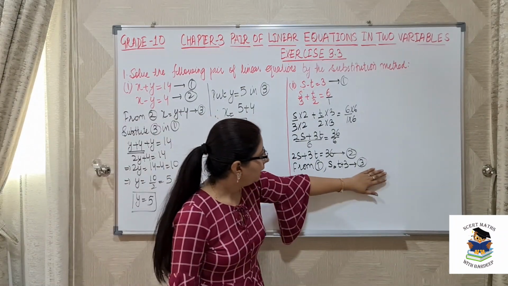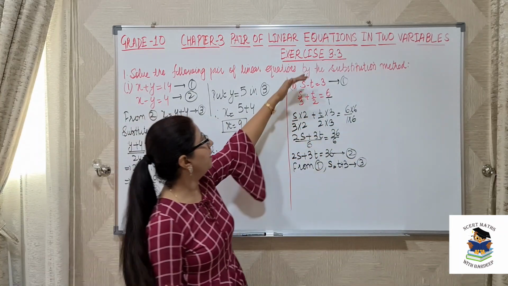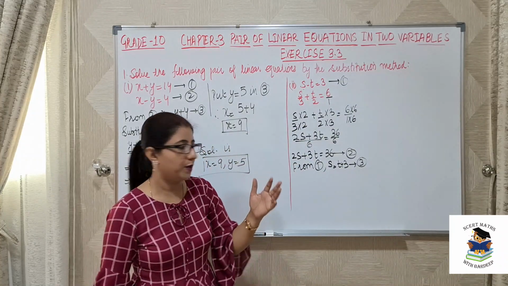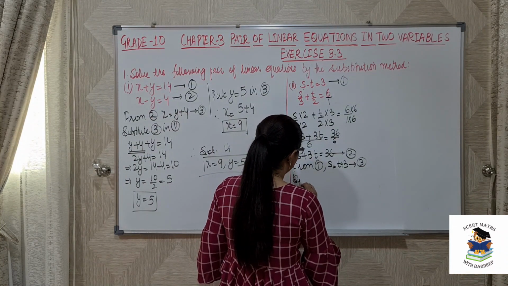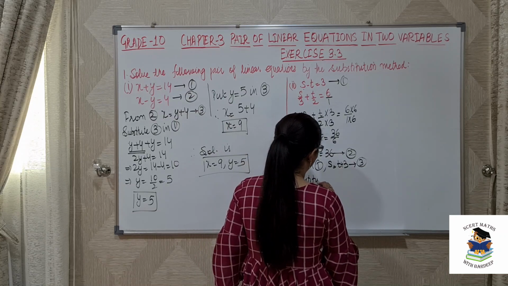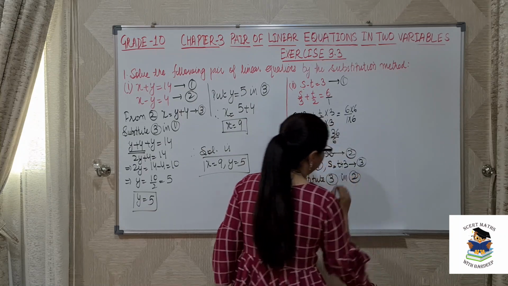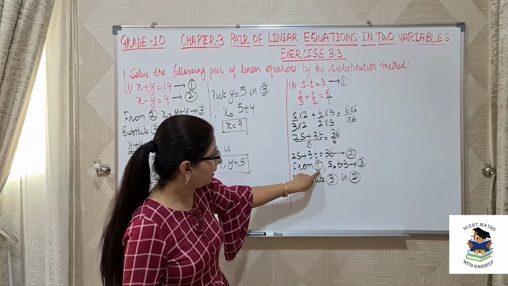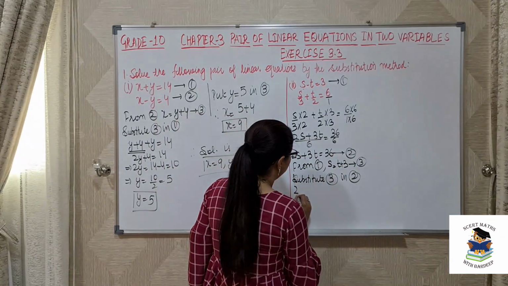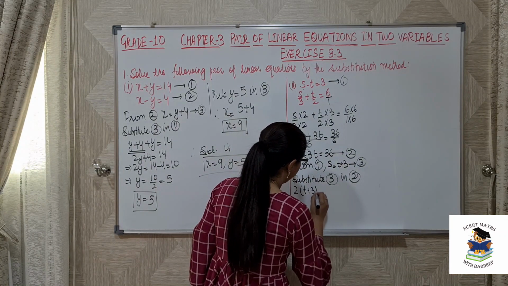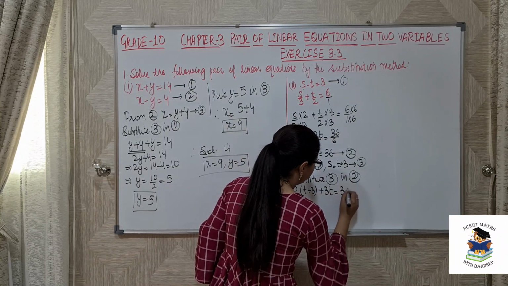So now I'll substitute this equation in the second equation because I have used this value from the first one. So we will say substitute 3 in 2 because we have used 1 here. So I will put the values in second. This is 2 times s, s is 3 plus t, and 3t equals 36.